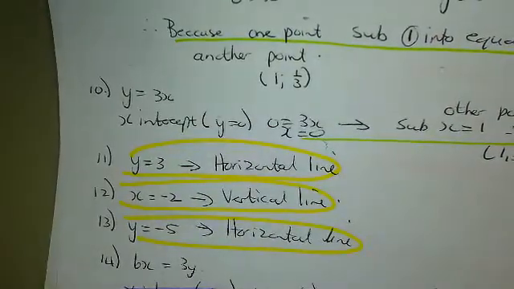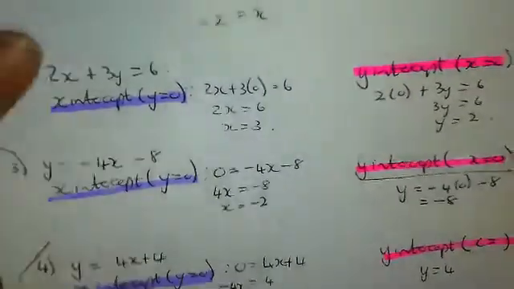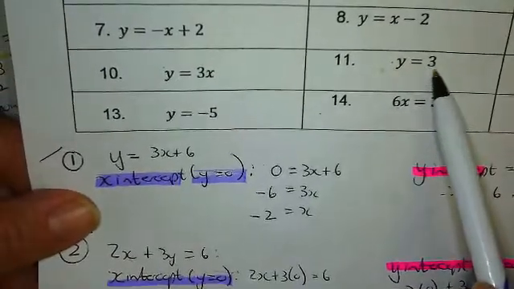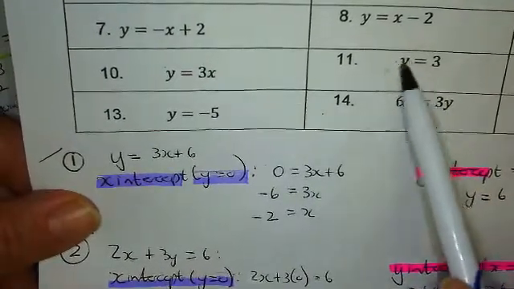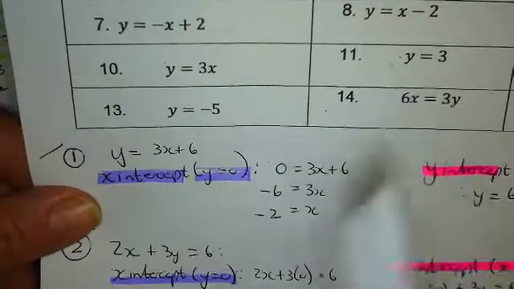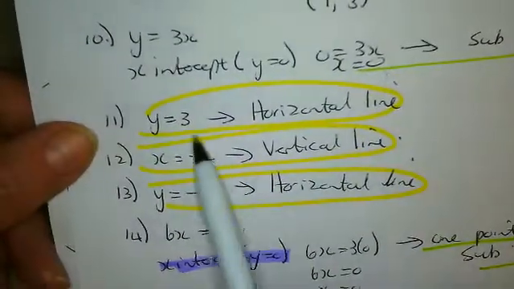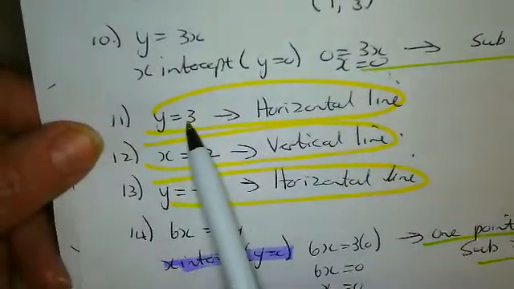If you look at number 11, what do you notice about number 11? Number 11 is just y equals 3. You can't see an x there. So if it's y equals 3, it's just a horizontal line. So that means the line is only cutting the y-axis there.